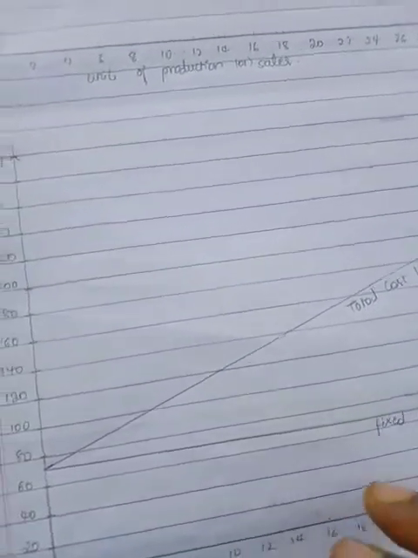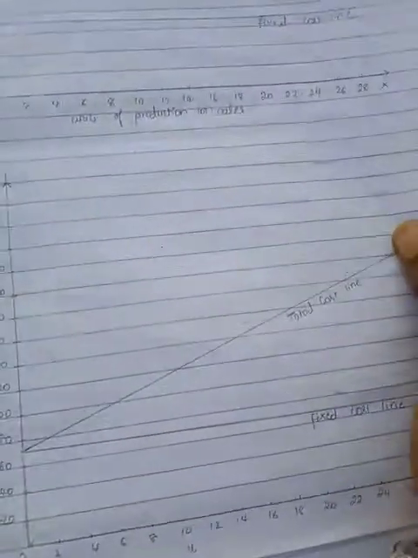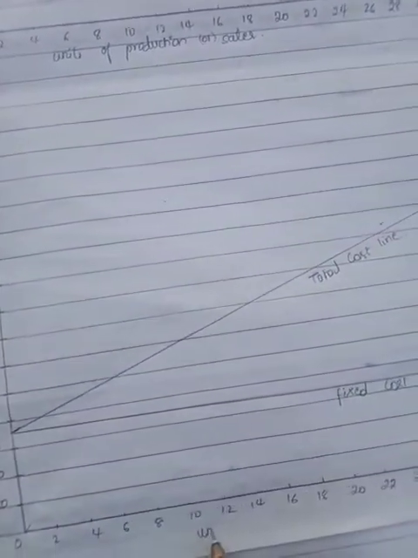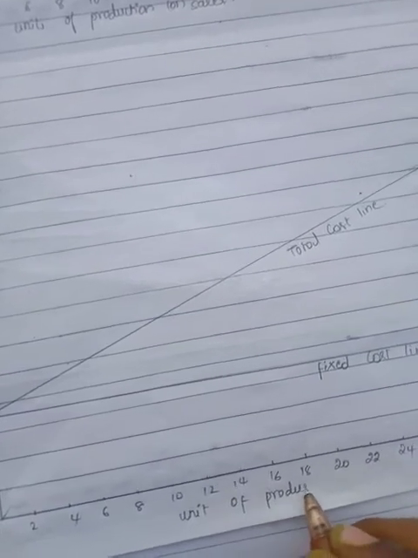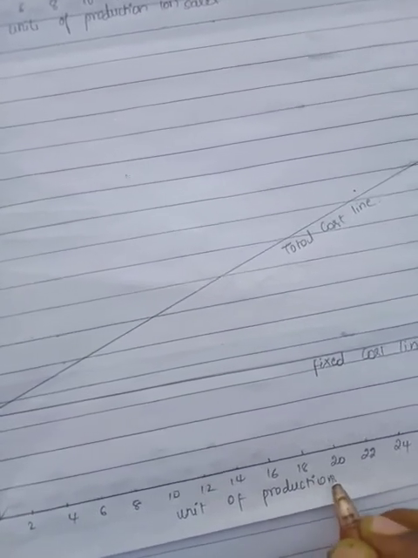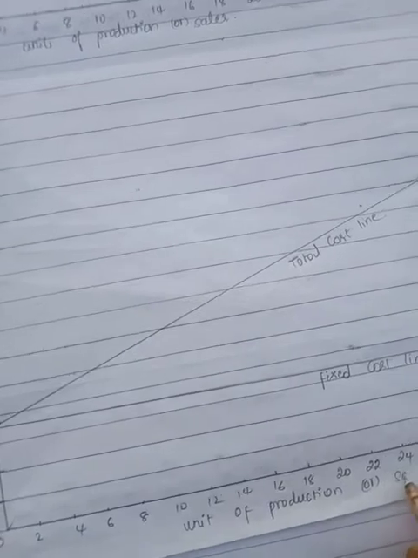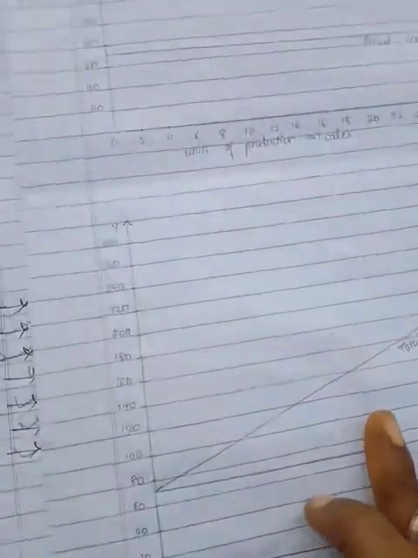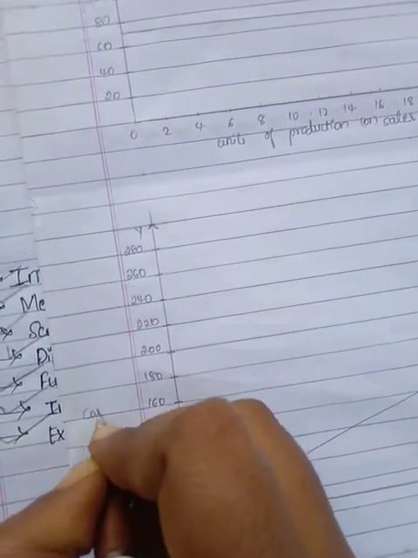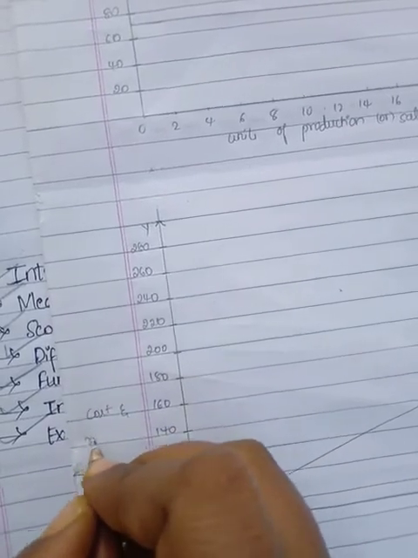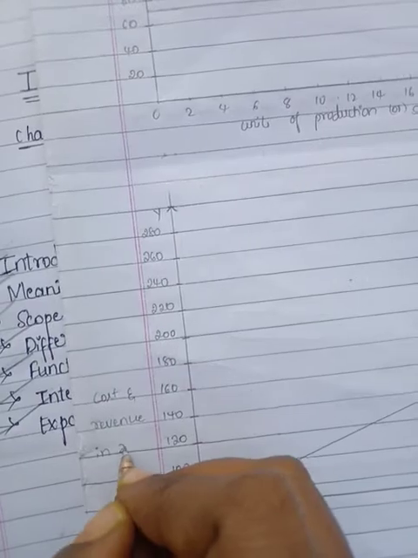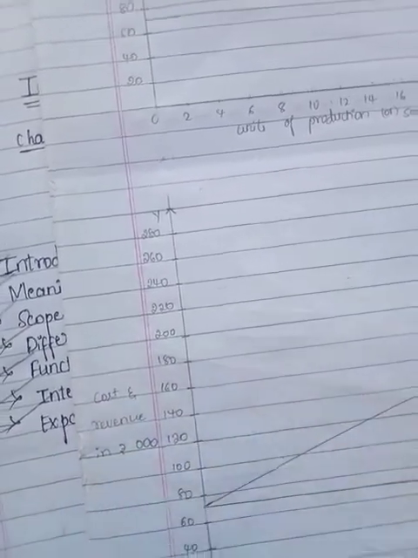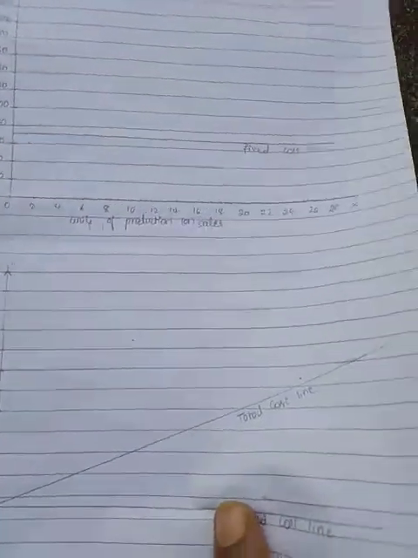This is unit of production or sales. This is y-axis, cost and revenue in rupees.